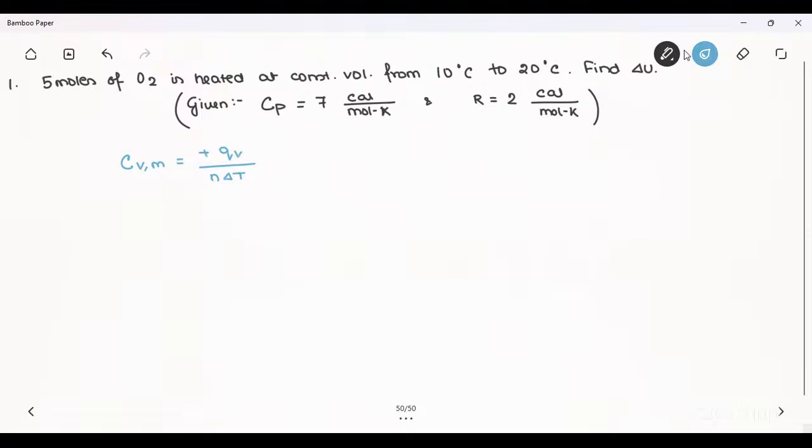What I told you is that QV can be written as delta U. So CVM is delta U divided by N delta T. So from this, what can we write? Delta U is equal to N CVM delta T. This is another important formula you have to remember.